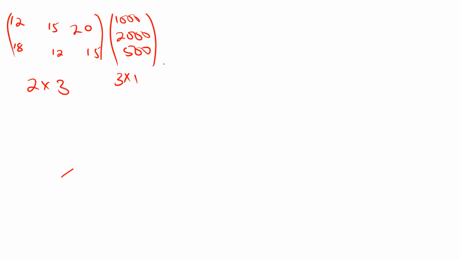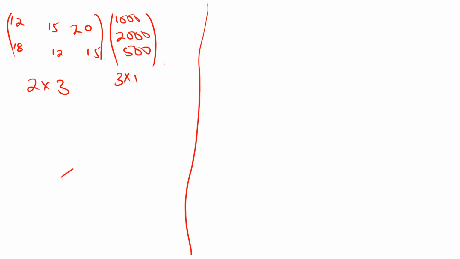Now I can multiply those two matrices because the first column was representing soda, and this is the cost for soda. The second column was representing juice, and juice is 2000. And the last column was representing water, and each bottle is 500. Now these two matrices are compatible for multiplication.